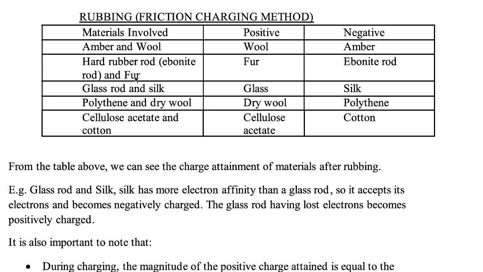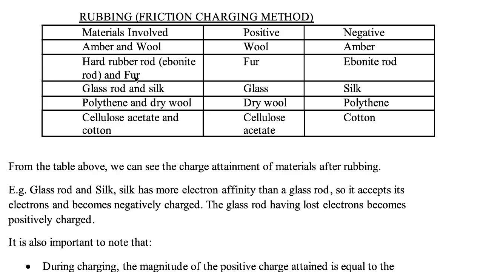And when a species accepts electrons, it becomes negatively charged. Then polythene and dry wool. You can see that dry wool has a very low electron affinity. So the same thing that happened with amber and wool, where wool was positive, is also the case for polythene and dry wool, right? So dry wool will be positive, and polythene will be negative because polythene has a great affinity for electrons.